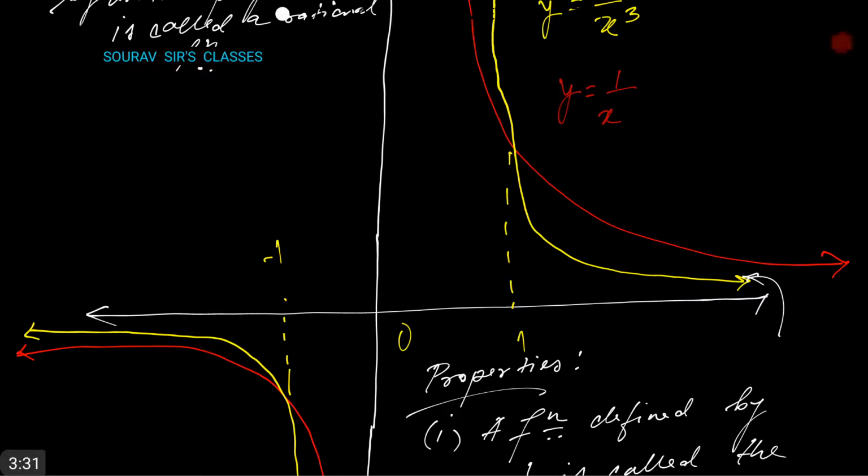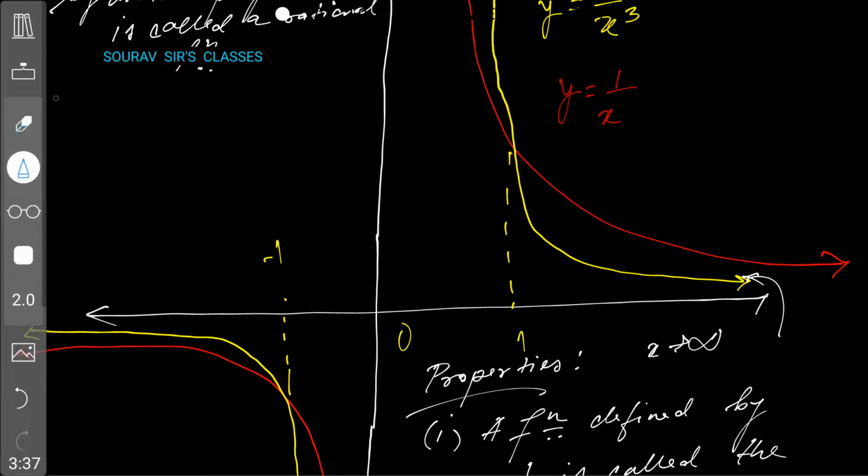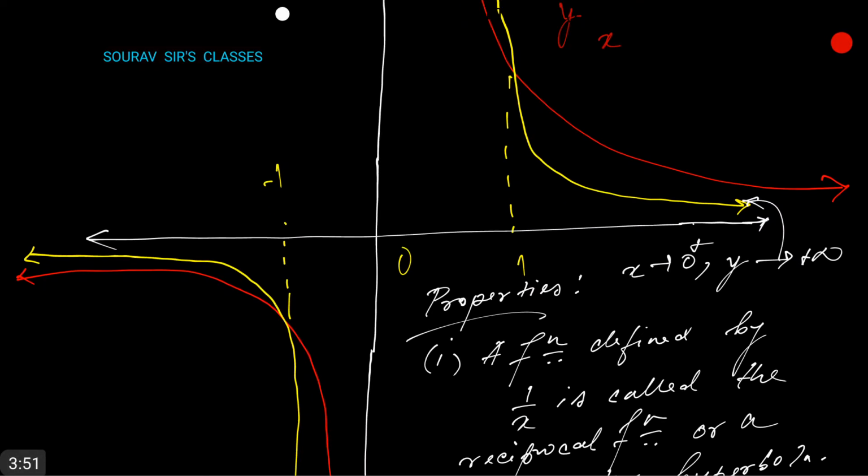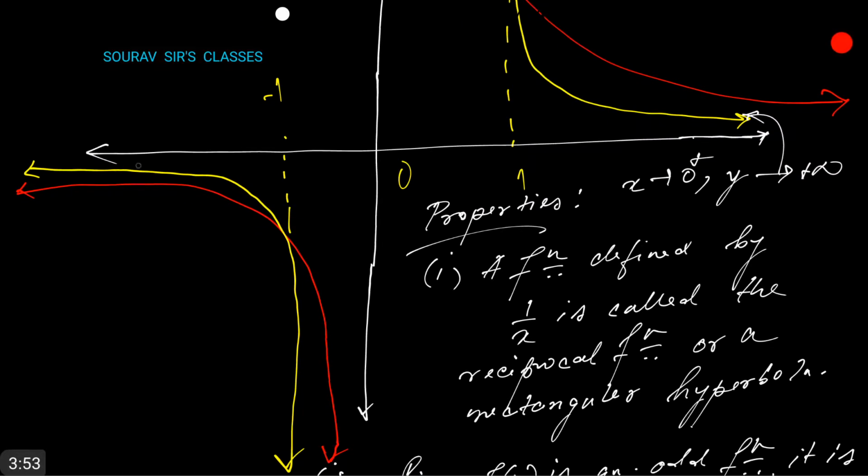As x tends to 0 from the positive side, y tends to positive infinity.